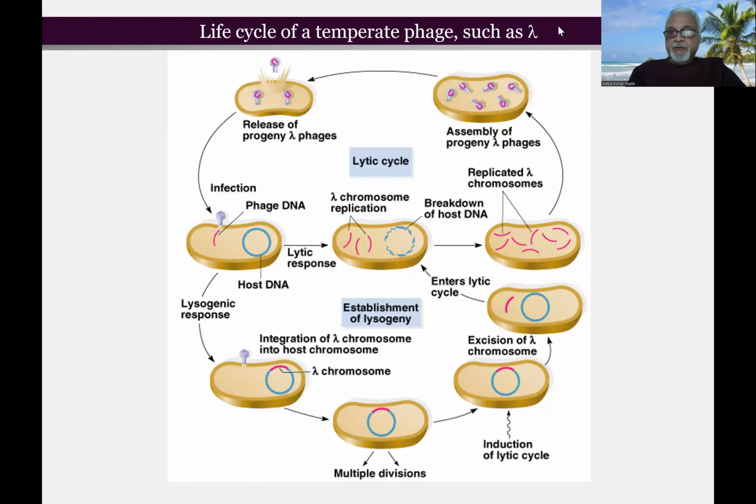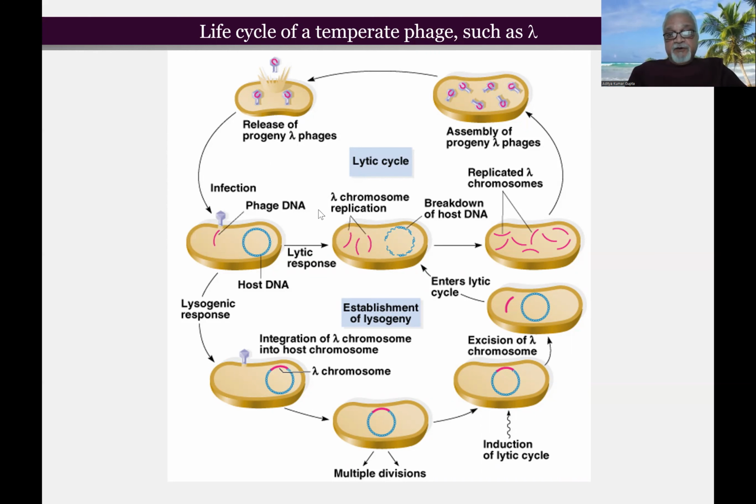So this is what happens. Let me explain with the help of a cartoon what I'm talking about. For example, this is the host cell, and the virus is injected into it. So how does the lytic cycle take place? The DNA enters here and multiplies.